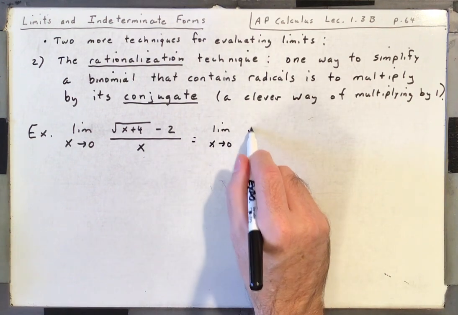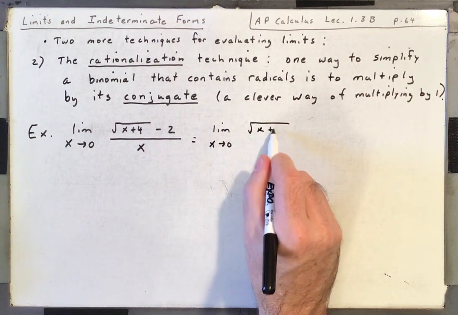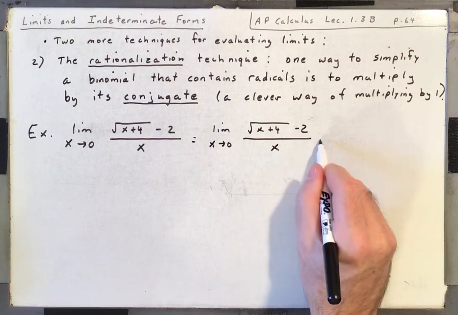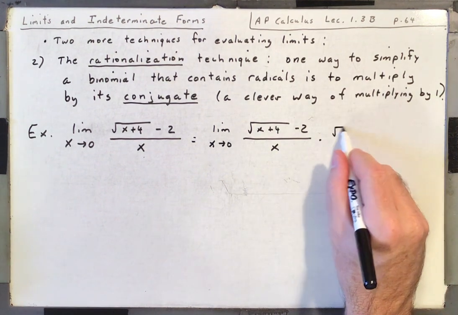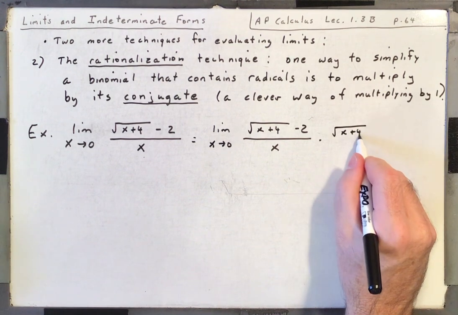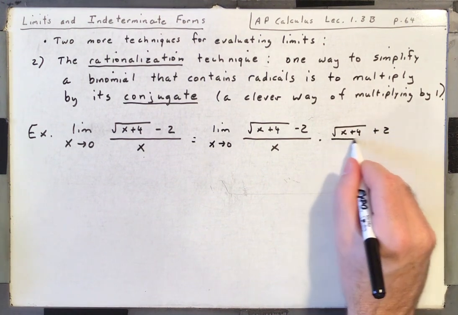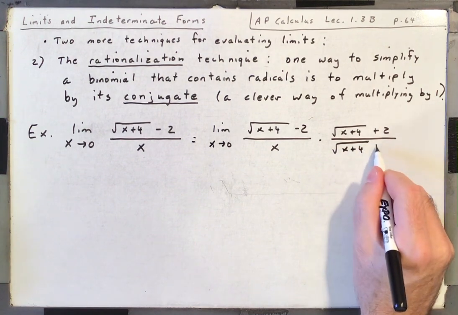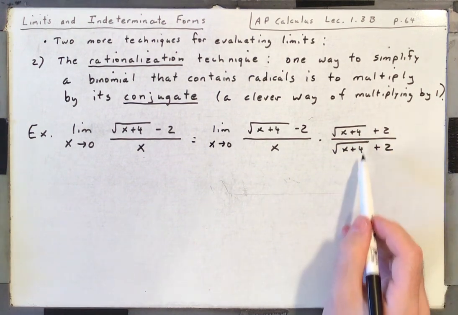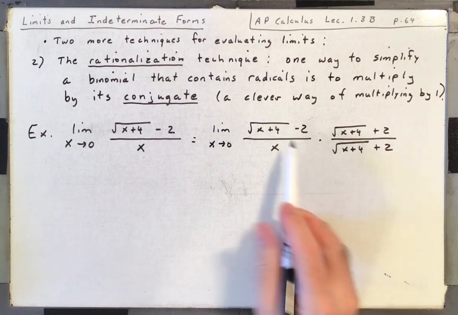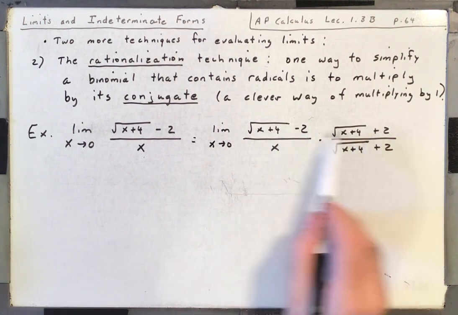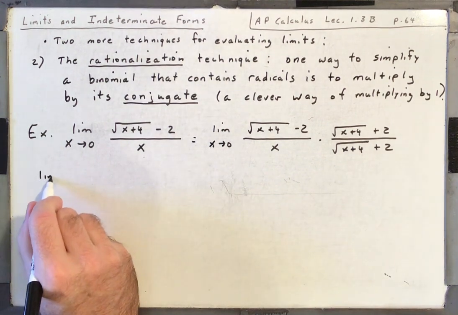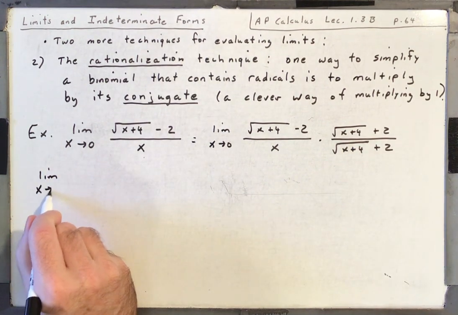So that's going to be the square root of x plus 4 minus 2 over x times the square root of x plus 4 plus 2 over the square root of x plus 4 plus 2. Now that's just 1, right? It's the same thing. But when I FOIL this out, the radical will go away. So we have the limit as x approaches 0.